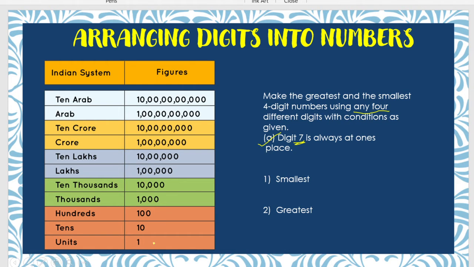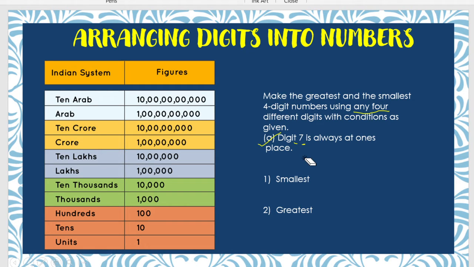The question, I am giving you the question on the board. 4, 7, 2, 8. Or you can take any digits of your choice, but the condition is digit 7 is always on the ones place.